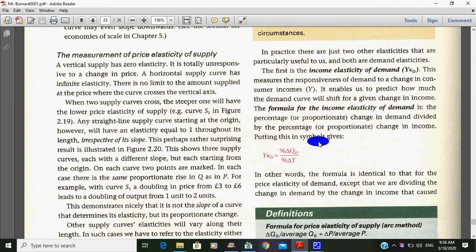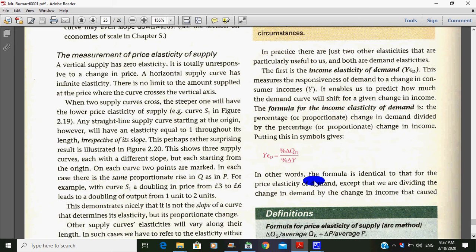Alright. In other words, the formula is identical to that for the price elasticity of demand, except that we are dividing the change in demand by the change in income that caused it.